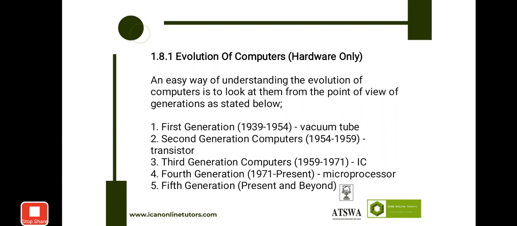We have first generation, vacuum tube; second generation computers, where the distinct feature was a transistor; third generation, IC; fourth generation, microprocessor; fifth generation, this is our current age and beyond.